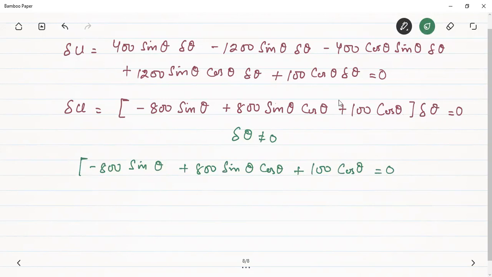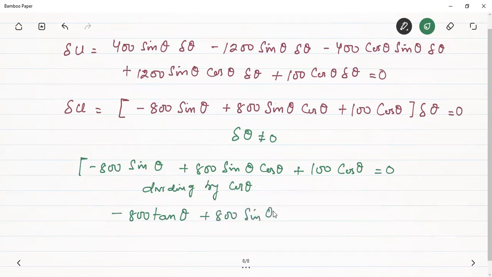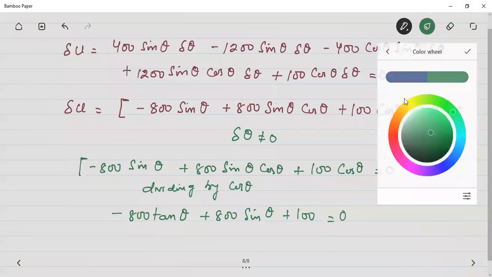And we can also divide this by cos theta. We can see that this will be equal to minus 800 tan theta plus 800 sine theta plus 100. This will be equal to 0.